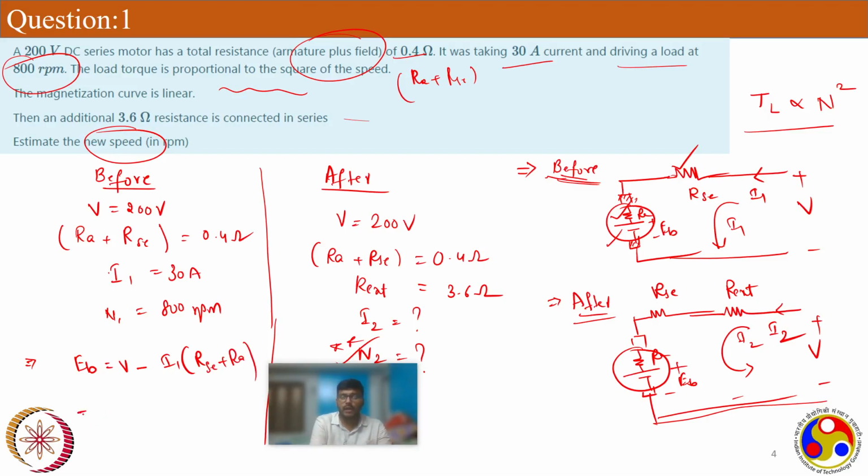Do you know all the parameters here? Yes, you know all the parameters. V is 200 minus I1, which is 30, times the total resistance, 0.4. How much is this? 200 minus 12, 188.